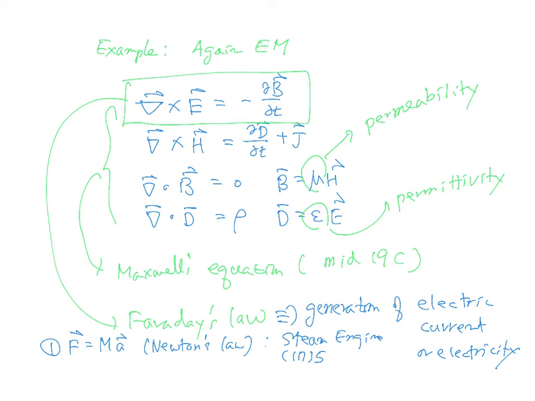James Watt, right? So we are using watt as a unit of power. So this actually led to the Industrial Revolution in the 17th and 18th century.